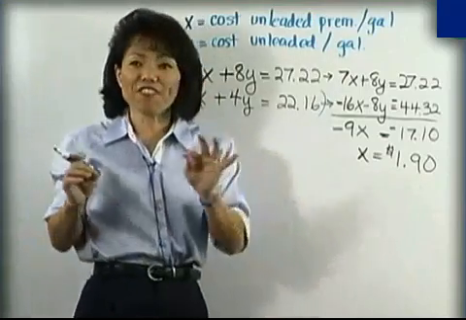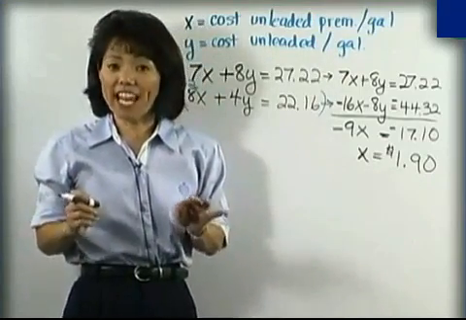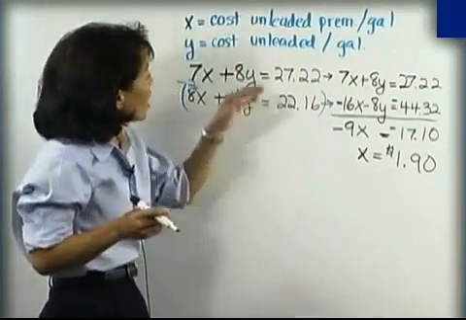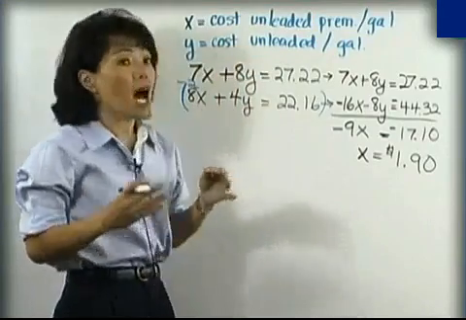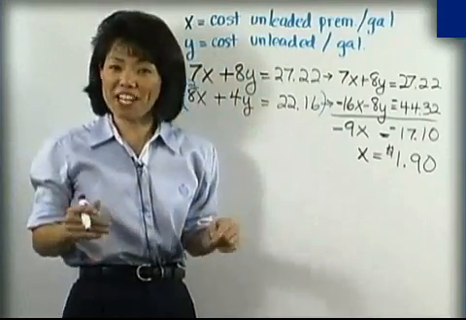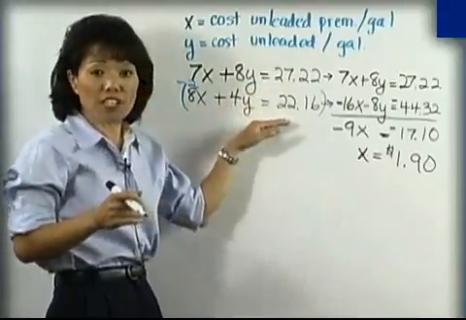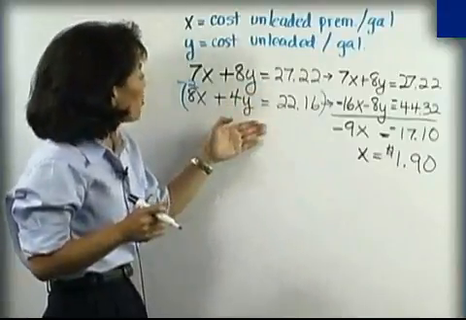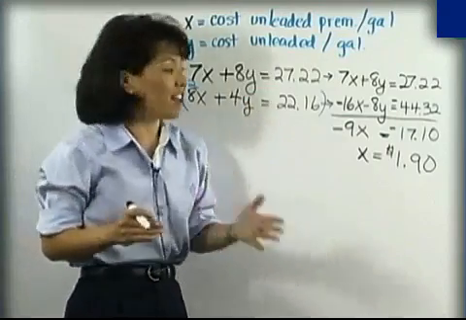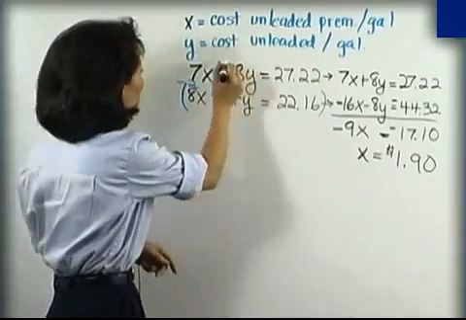Now, we still haven't finished this problem because we have not answered the second question. The second question asks us, how much did he pay for unleaded regular gas? Well, again, we can go to either one of these two equations and solve for the missing variable. In this case, that's y. It doesn't really matter which one we take.